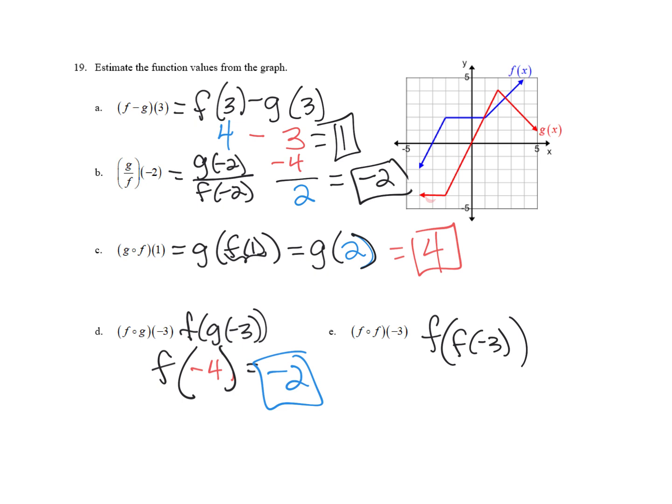Now, I know they use the same function twice, but it's okay. We're still going to work it the same way. So when I do F of negative 3 here, I'm going to go to negative 3, 1, 2, 3, and F of negative 3 is 0 because that's where it's at. So F of negative 3 is 0.